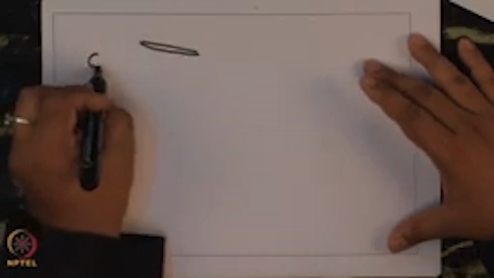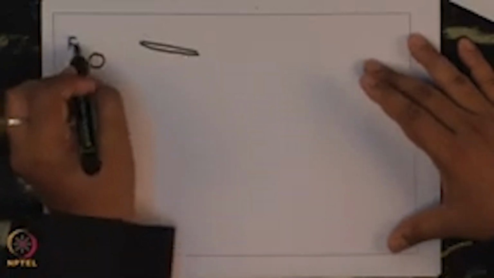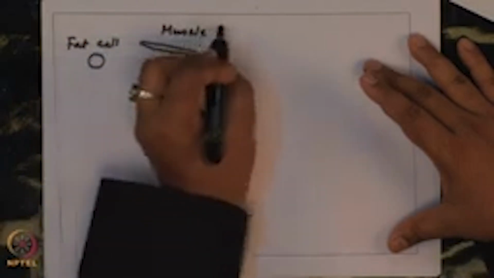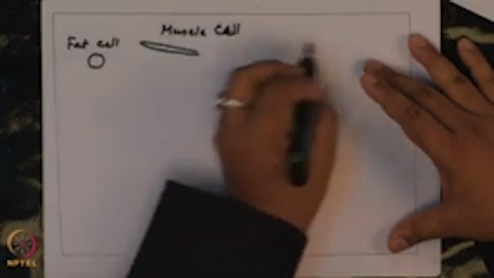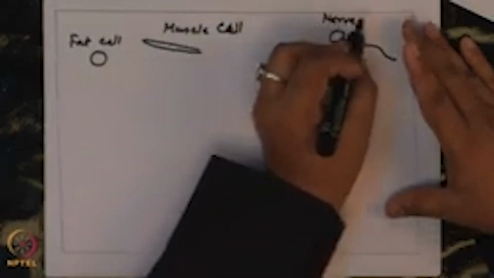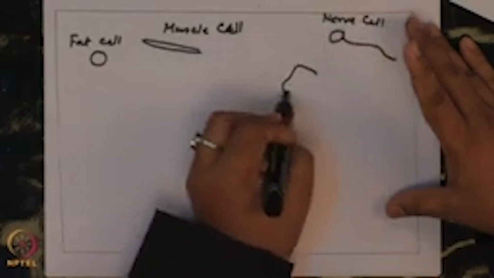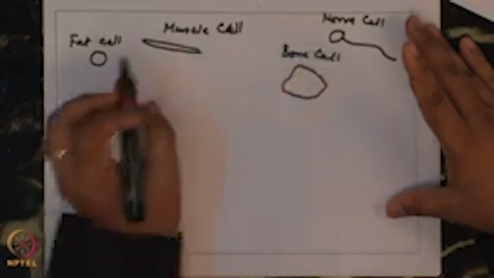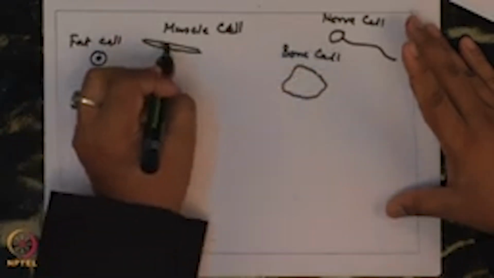Now, typically if you look at all these different cell types, a muscle cell is more elongated. This is the shape of a fat cell, a muscle cell, a nerve cell, versus a bone cell, where you have the nuclei at the center.